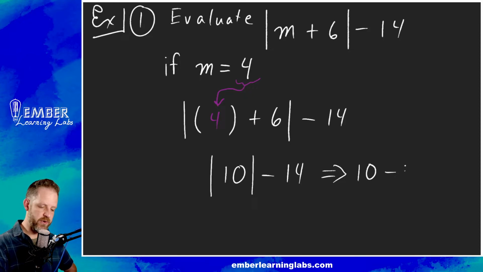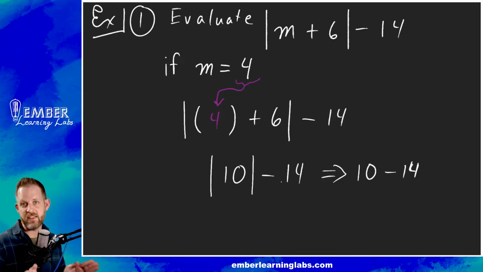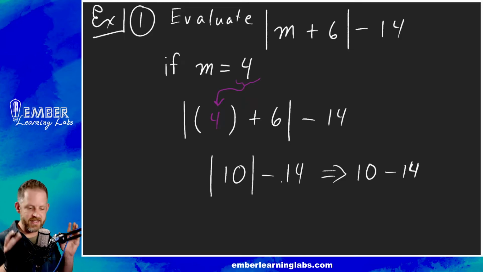So 10 minus 14. You notice that we just took the absolute value of what was inside the absolute value symbols. This 14 didn't become positive as well. Just what's inside those symbols, and that's important. Every once in a while, I'll get some students that have a little bit of confusion on that. So we're just absolute valuing what's on the inside.